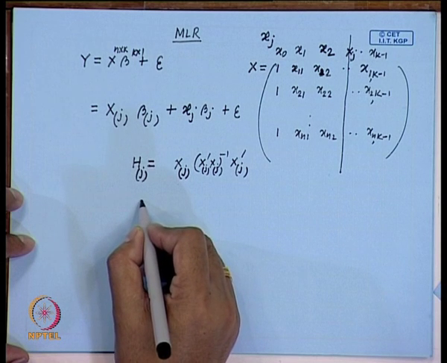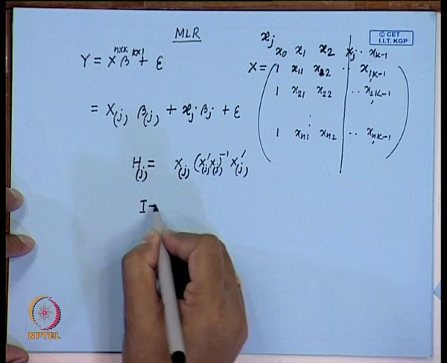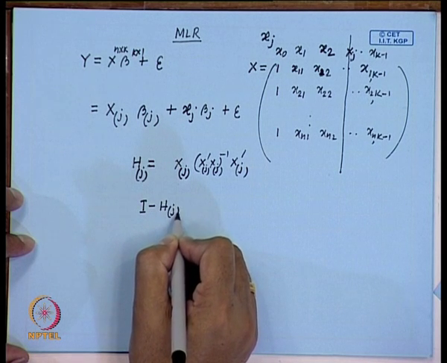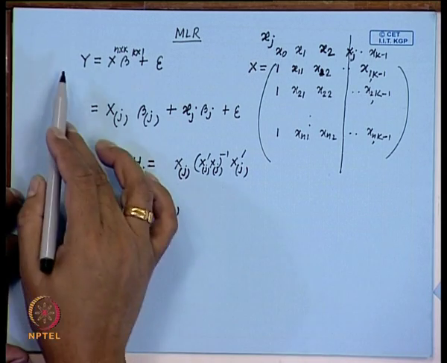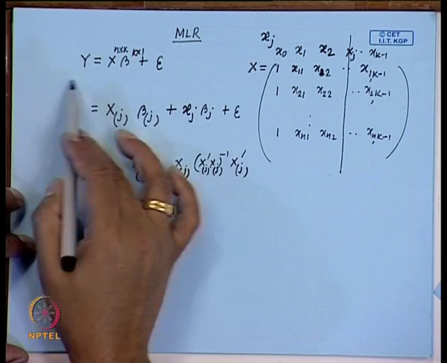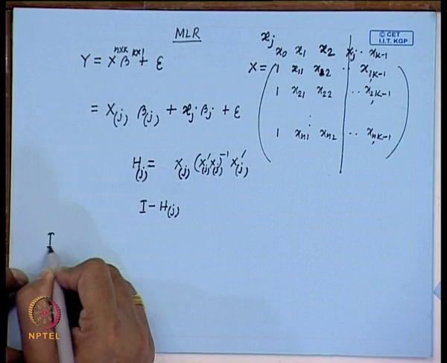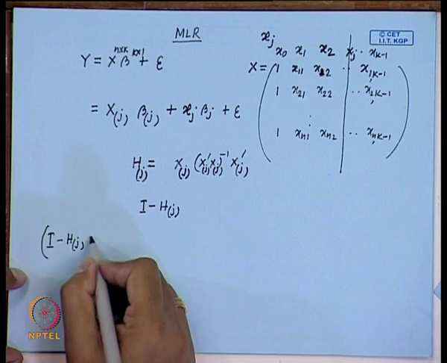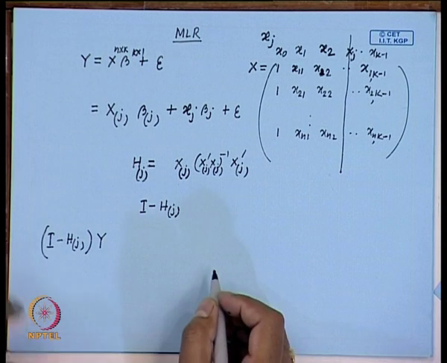I will multiply I minus H_j, left multiply this matrix in this equation. So, what I will get is I minus H_j, a little difficult, but I hope if you concentrate you can understand.